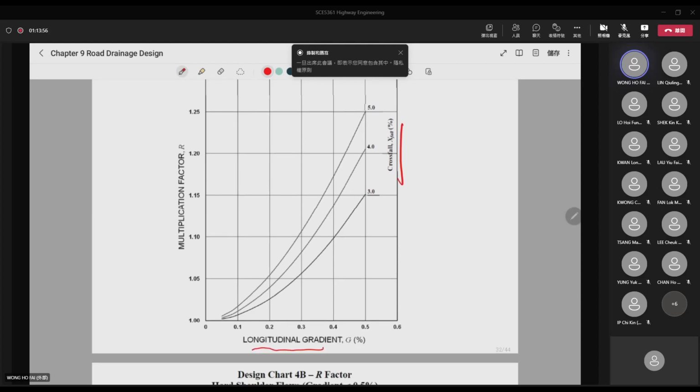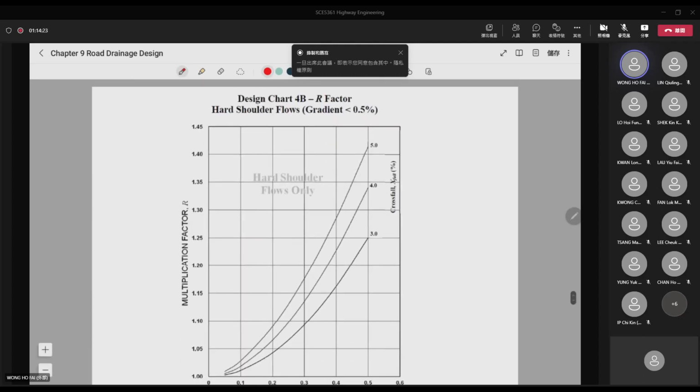Then you will find the so-called multiplication factor R. Say the longitudinal gradient is 0.4%, and the cross-fall is, for example, 0.3%, then you can find the multiplication factor R equal to around 1.1.